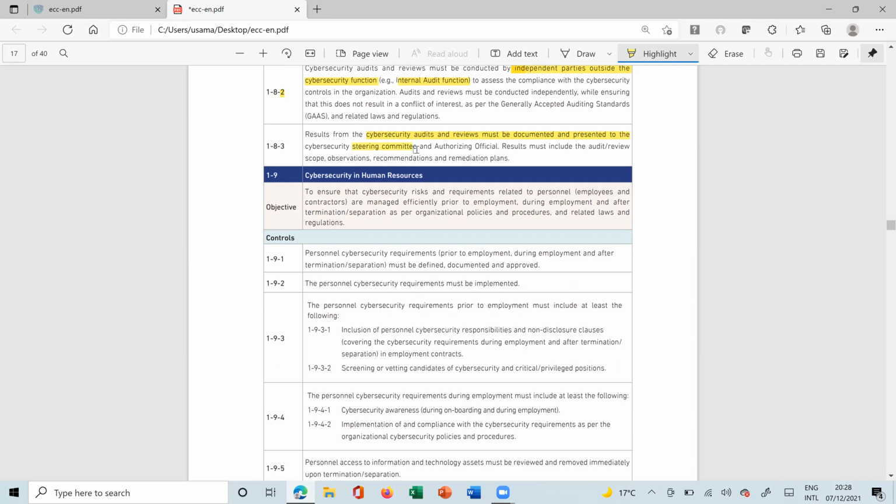You remember when we mentioned that there should be a steering committee, which has a representative from each division and department and is responsible for managing the security infrastructure and issues in the organization. These reports should be prepared and provided to the management and the security steering committee.